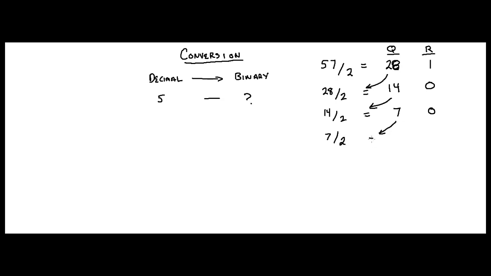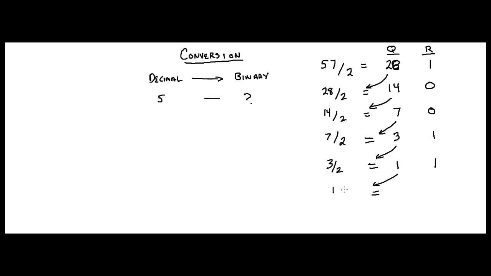Seven divided by 2. Quotient, I'm sorry, make that nice and neat. It's going to be 3 with a remainder of 1, isn't it? 3 divided by 2, that's going to be 1 with a remainder of 1, isn't it?